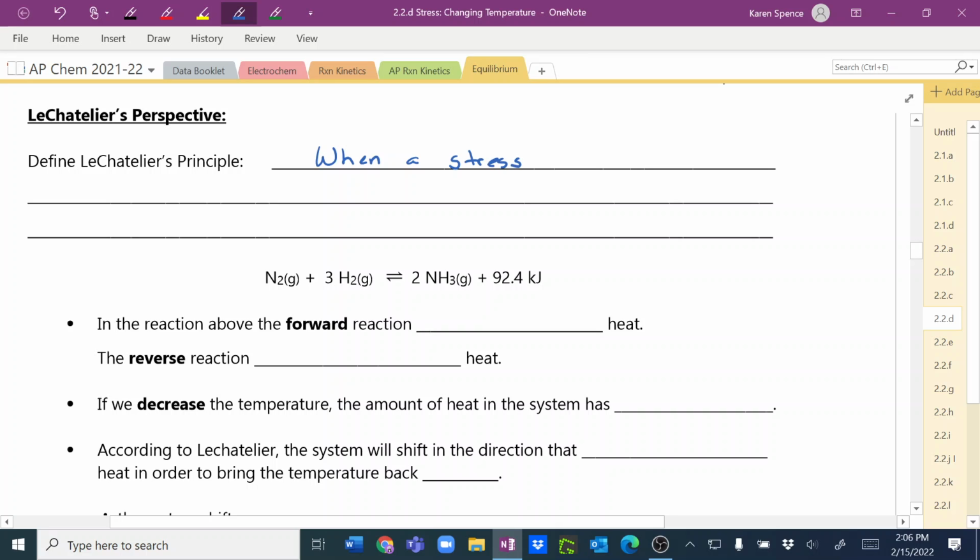Stress is introduced to a system, and the system shifts to reduce that stress.